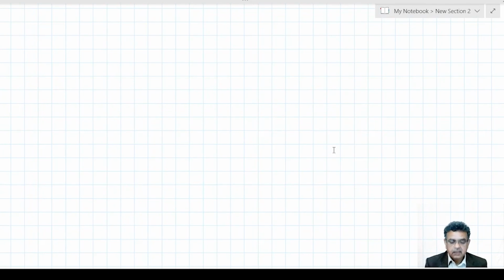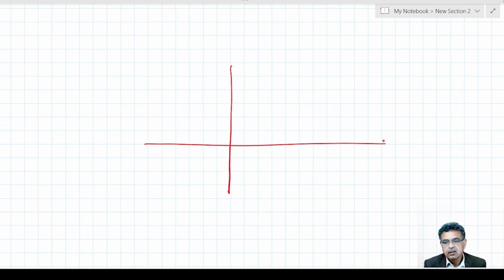So here, if I simply draw this grid, this is positive x and positive y. This is very important to understand that these are positive and negative signs of x and y axis.